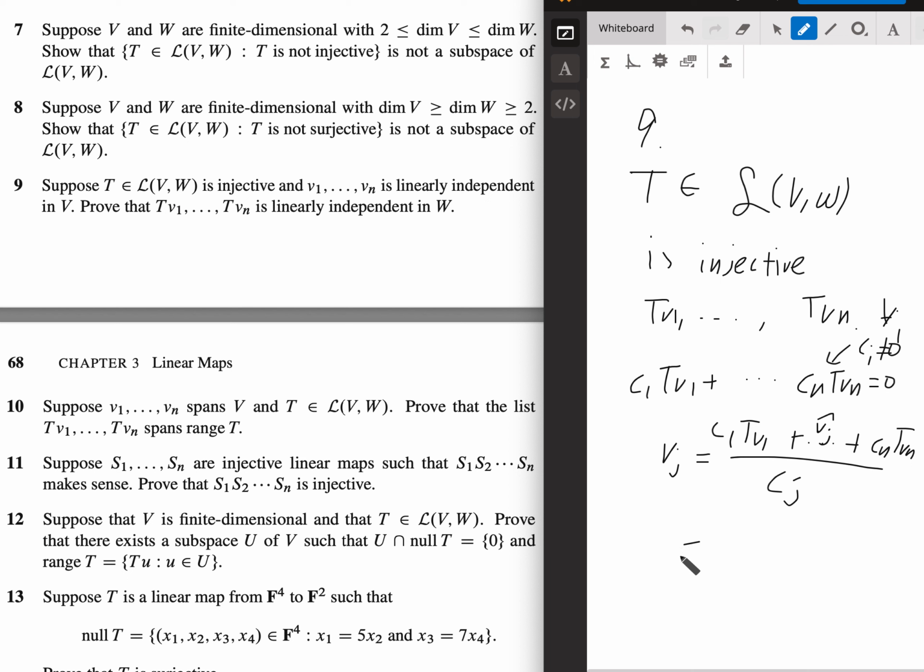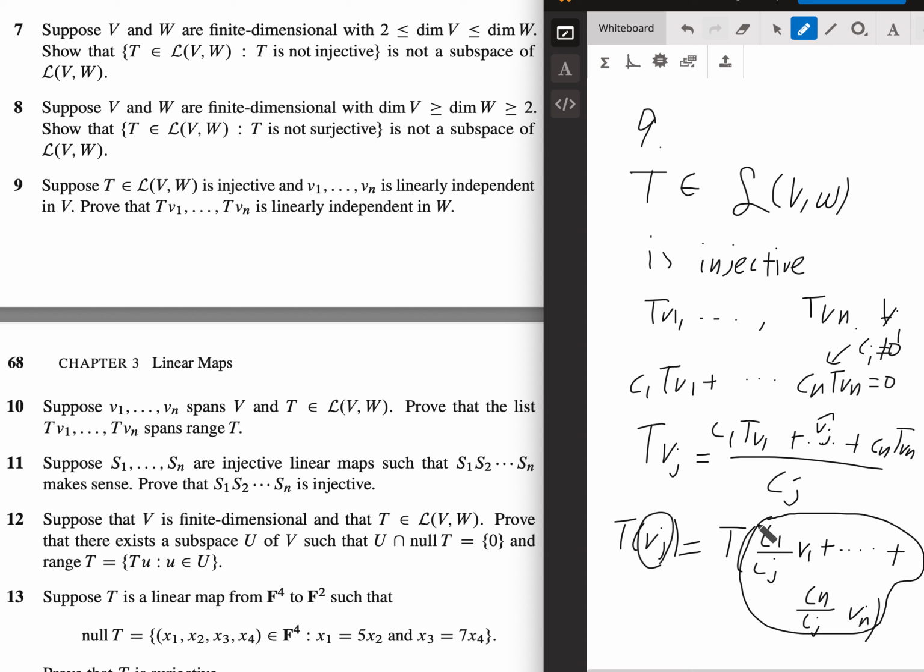Then without all those T's, if you just look at the inputs, these two are equal to each other, which shouldn't happen, right?